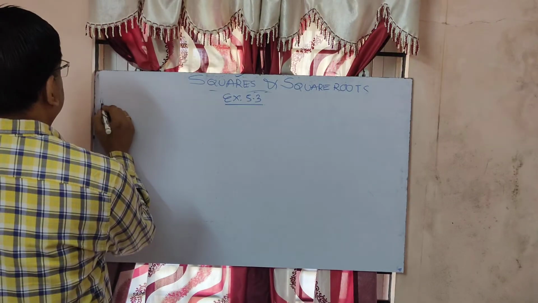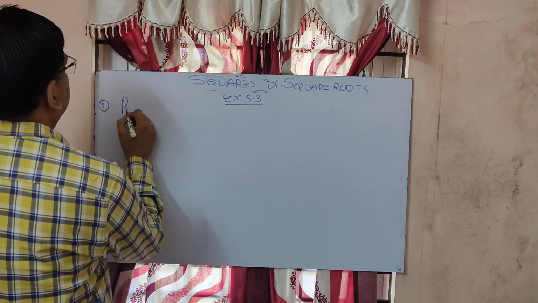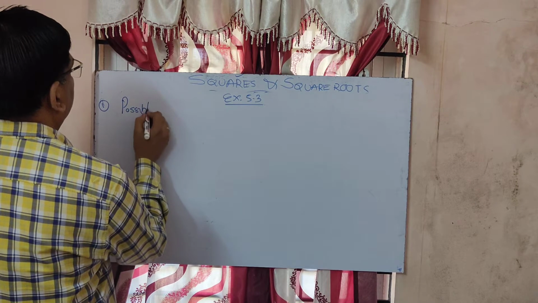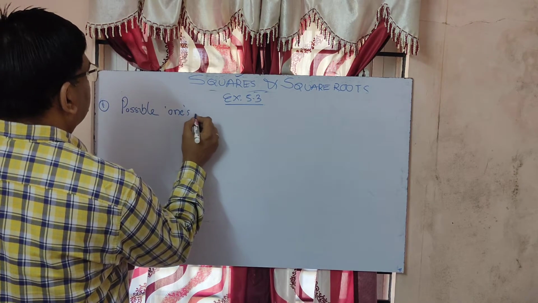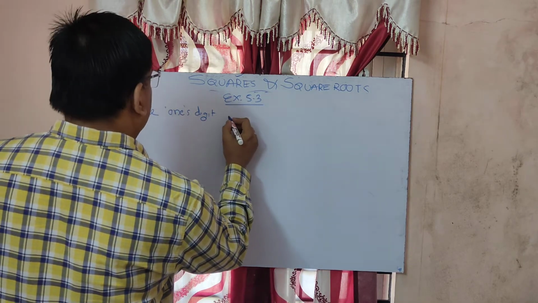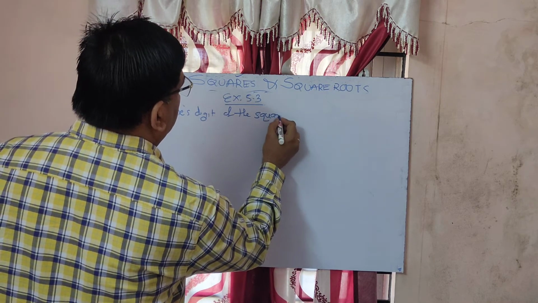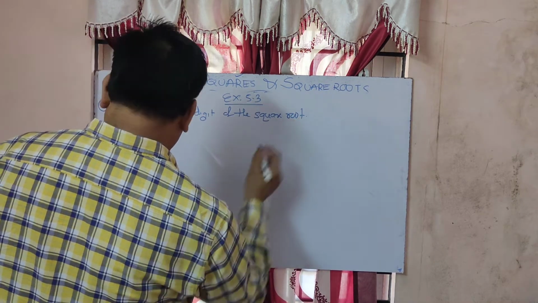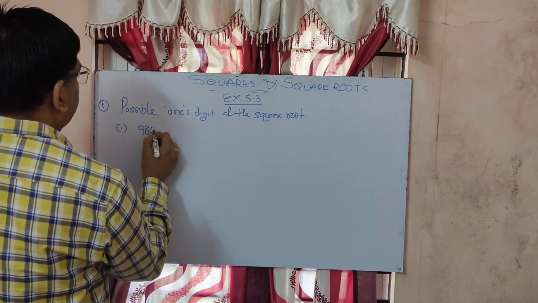You have to write the question first of all, very important. Possible ones digit of the square root. What is the first number? 9801.